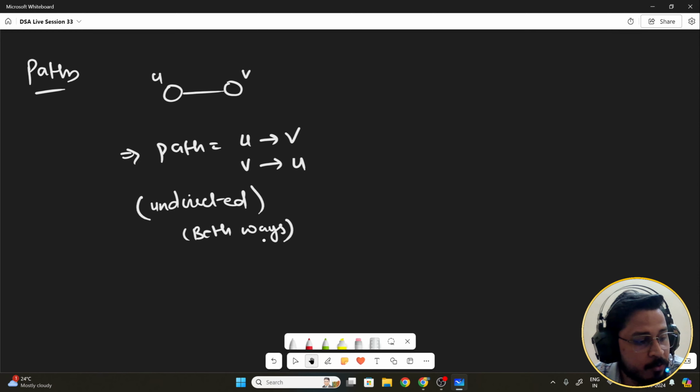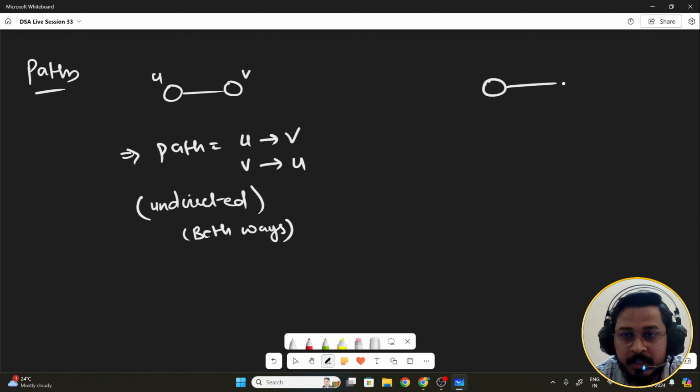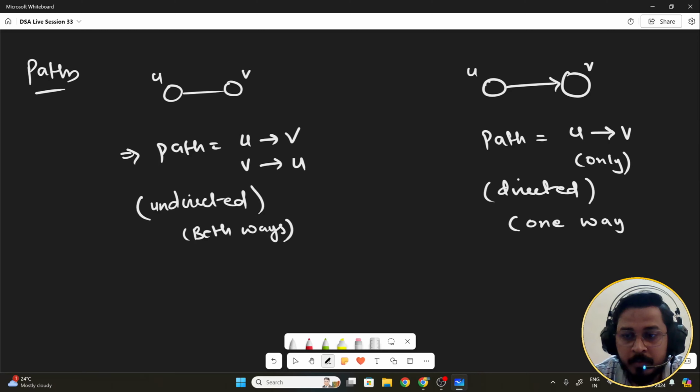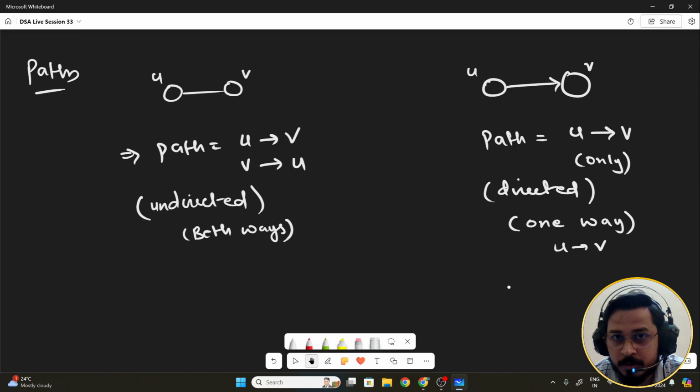Are you guys getting my point? If you have any doubts, please do let me know. But in this case, when we are given the direction U to V, we say the path is equal to U to V only. There is no backward path because this is a directed graph. Here we have only one way, that is U to V. I hope this is very much clear to all of you.